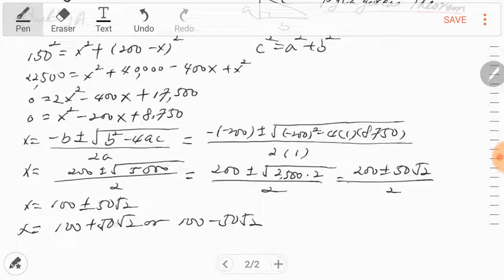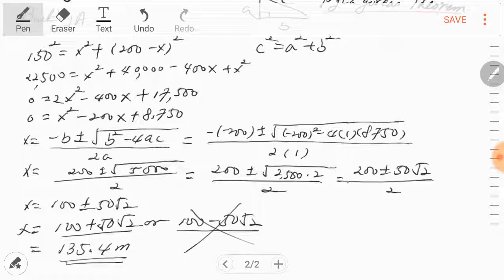So this is the answer. But isn't this a negative number? Okay, this is a negative number, so not this one. Right? And if you use the calculator, then this is equal to 135.4, approximately.